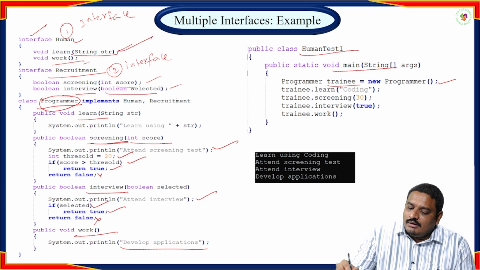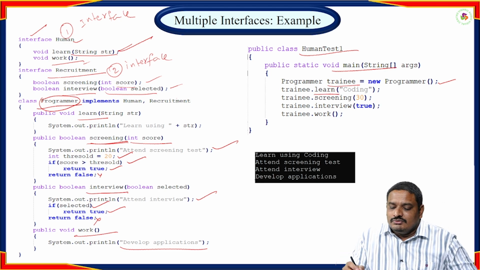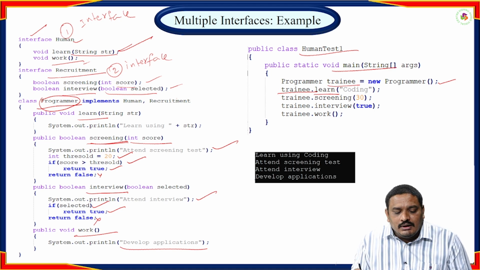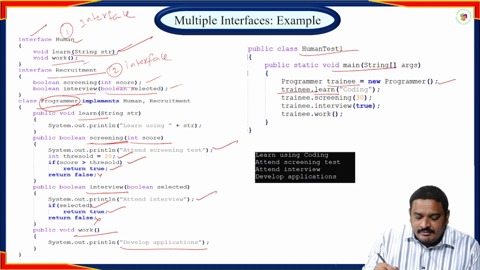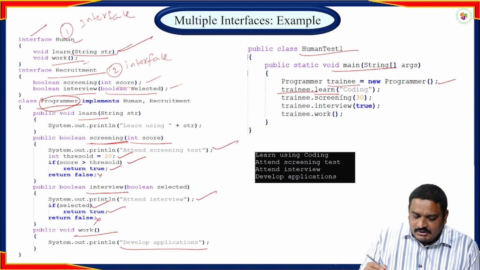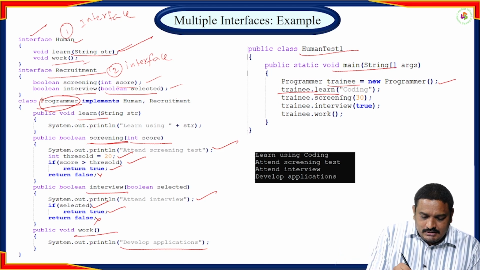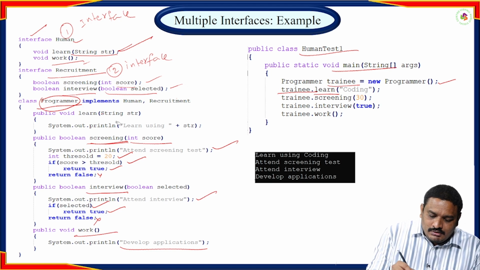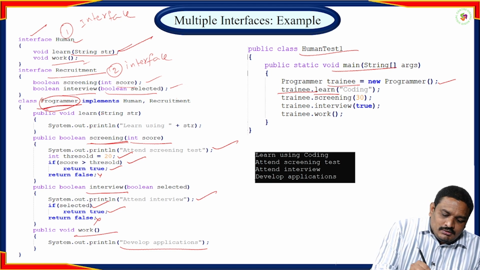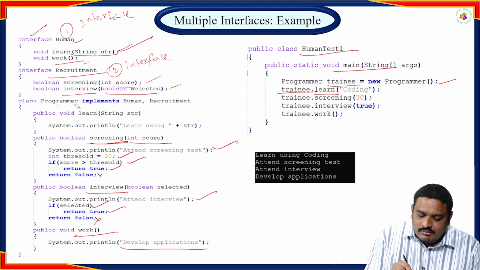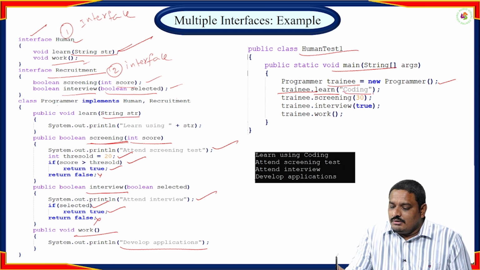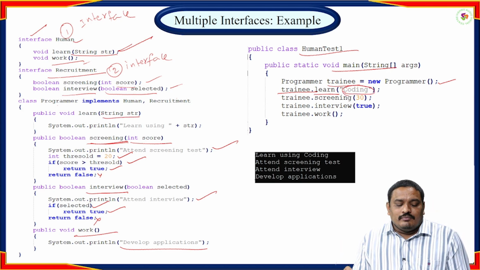Whenever we call the learn method by using the object, trainee.learn, what is the learn method's implementation? Here is the learn method implementation. Here we can pass one string, and the string is coding.